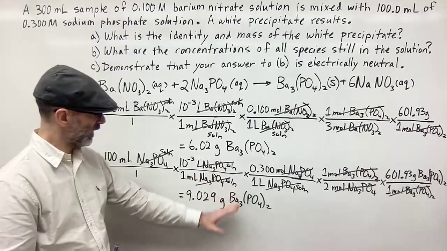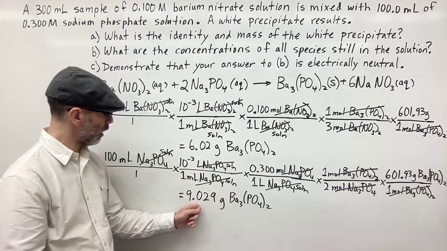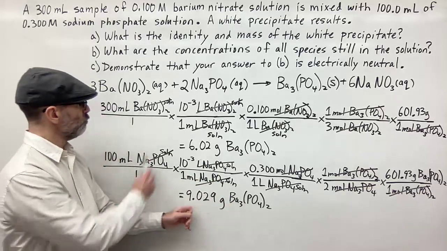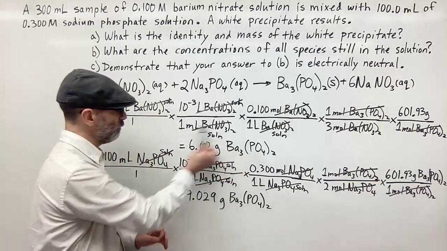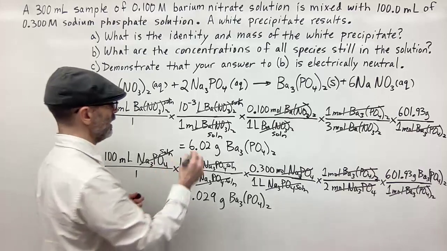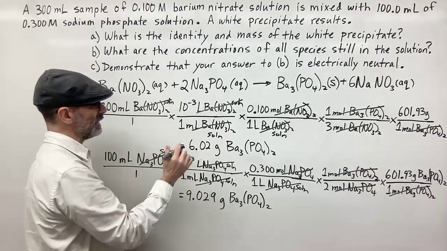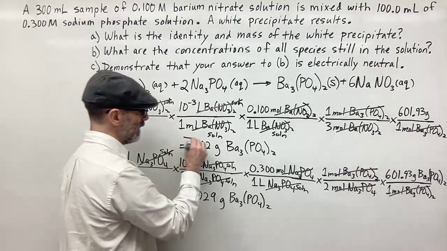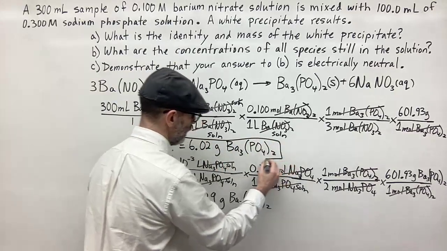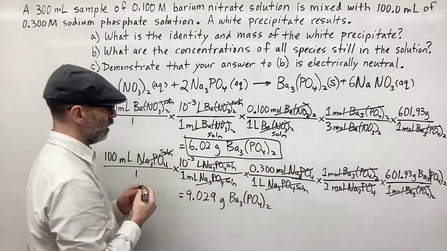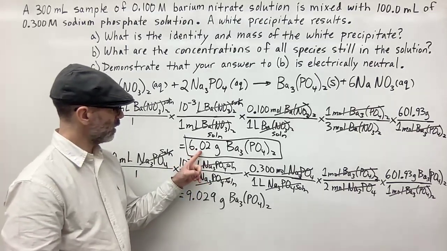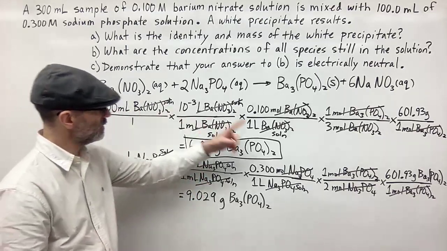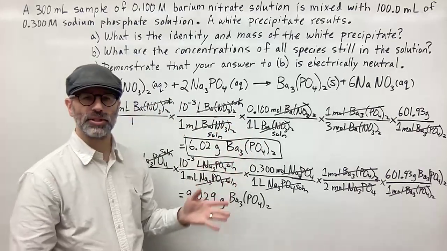So even though you could possibly get this amount from this, you don't have enough of the barium nitrate to do that, because this will only give you this amount. So that means that the barium nitrate is the limiting reagent, and this is the mass of our product. And this is the identity of our product, the white precipitate.